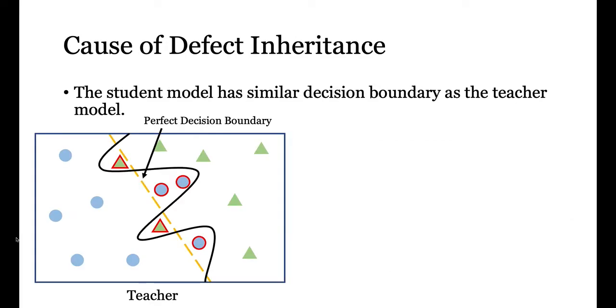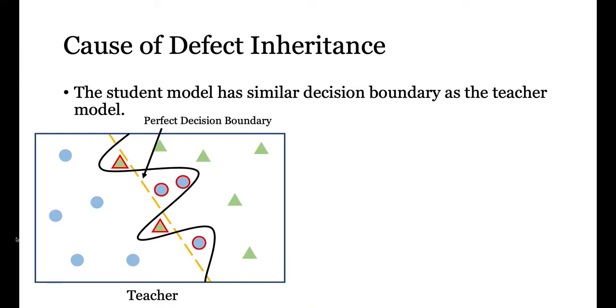The root cause of DNN defect inheritance is that the student has a similar decision boundary as the teacher model. In the figure, the yellow dashed line represents a perfect decision boundary. The blue circles and the green triangles are samples from two classes. The black curve represents the decision boundary of the model.